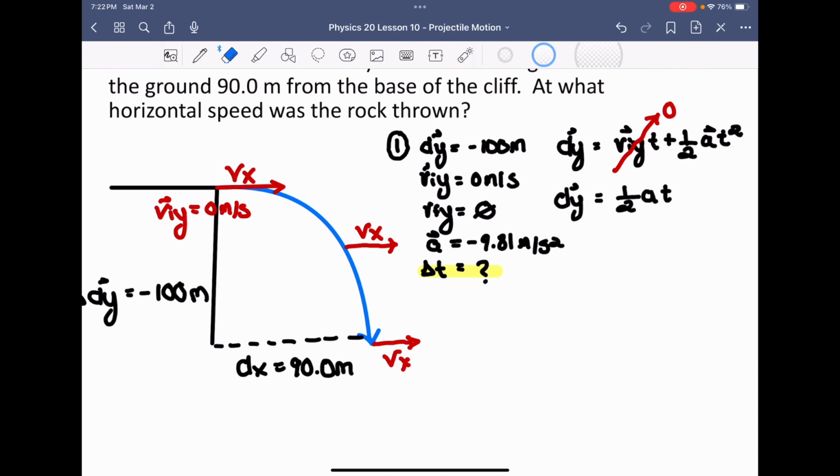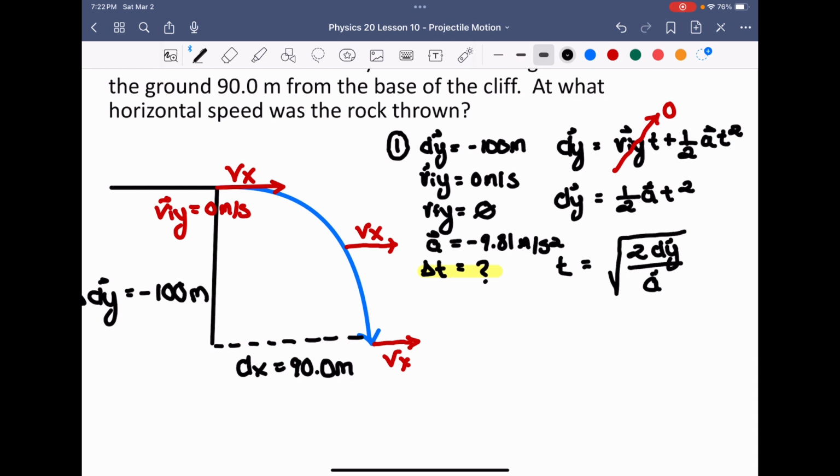And now, because I'm trying to solve for the time here, I'm going to make sure I have my variables in there, AT squared. There we go. Because I'm trying to solve for my time, here's what the time looks like once I've isolated it. T is equal to the square root of 2 times dy divided by the acceleration.